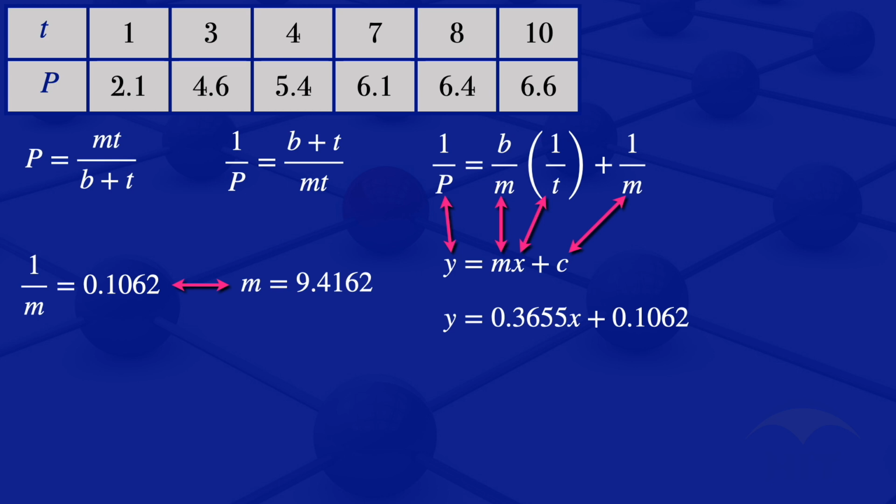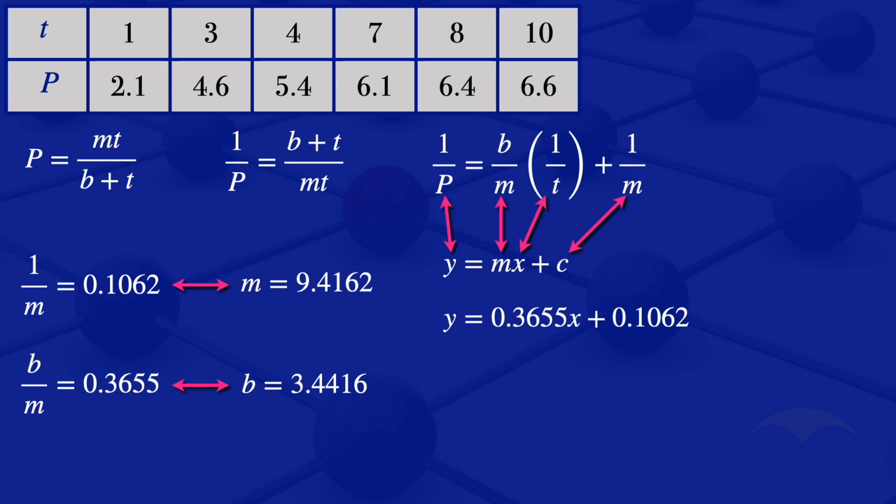We can then use that m to obtain the value of b. The b over m equals 0.3655. To obtain b, we multiply 0.3655 by the m, which is 9.4162. So b equals 3.4416.